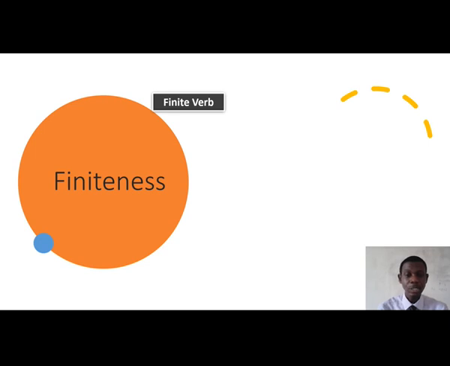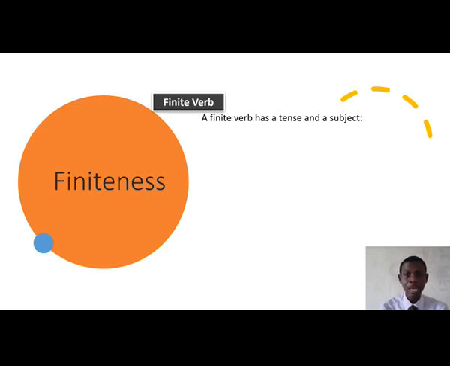Finiteness. What is a finite verb? Let's take this. A finite verb has a tense and a subject. Yes. A finite verb responds to time. A finite verb also has a doer. A finite verb can be in past tense, can be in present tense, and can be in future tense. That is what we mean by it has a tense.